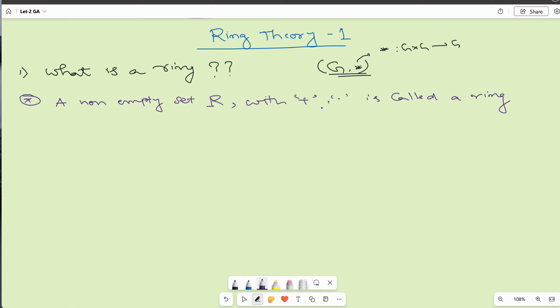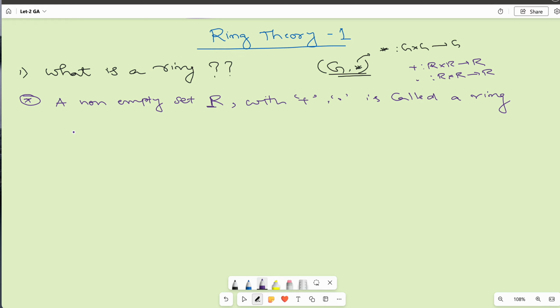Plus is a binary operation, meaning R cross R to R, and dot also means R cross R to R. This is a set with some properties, and we will say it is a ring.